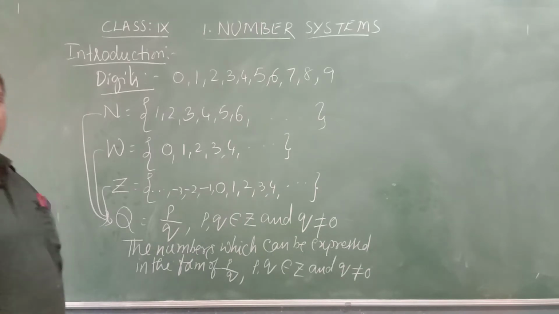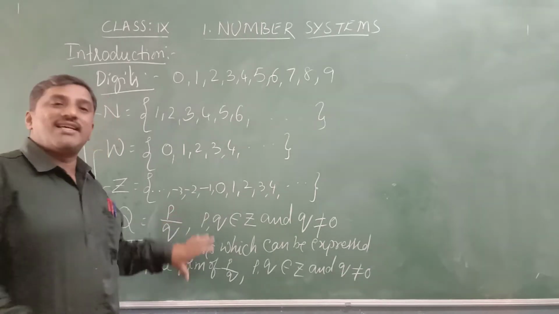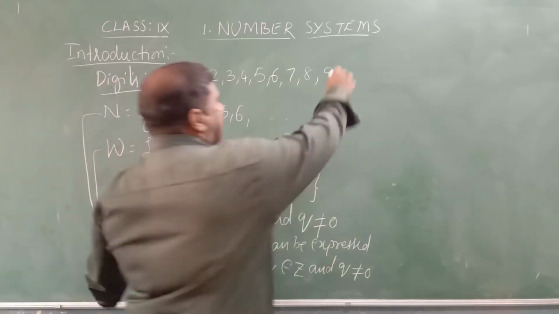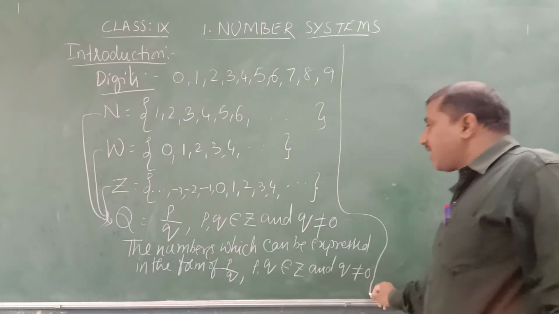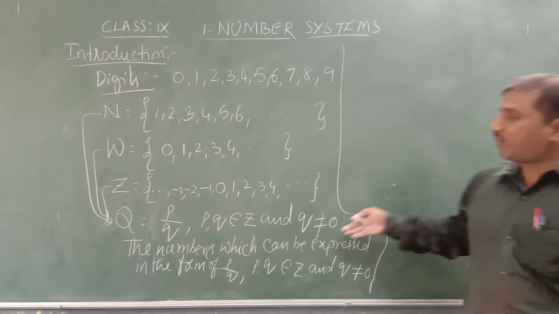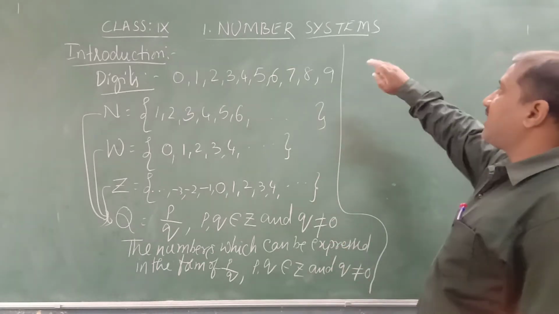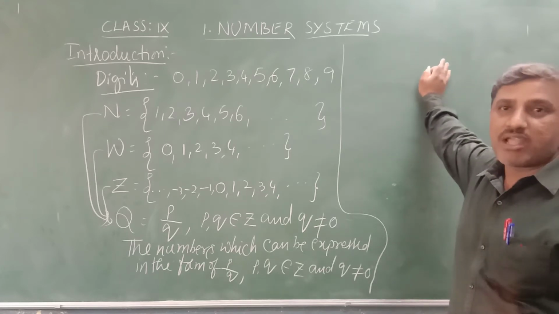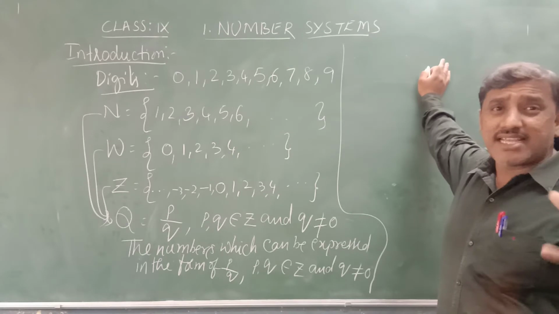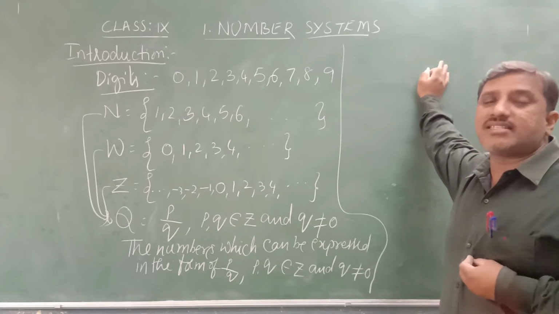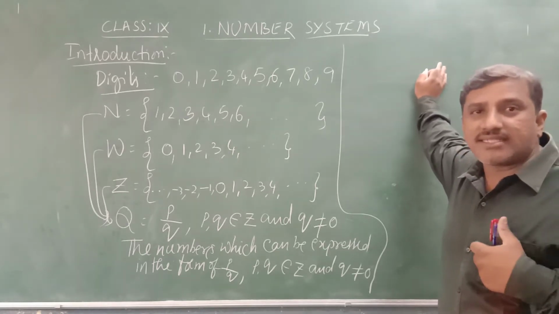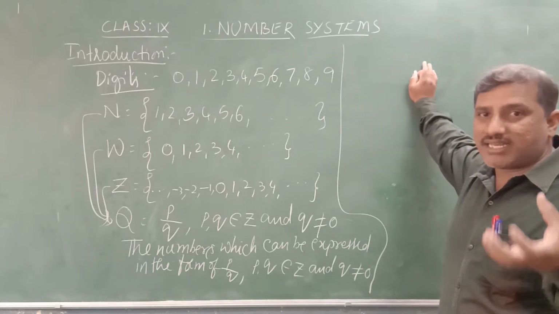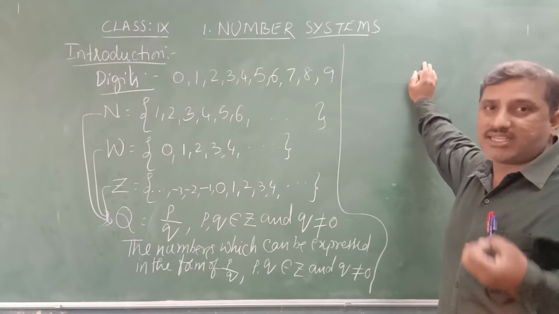If q equals 0, such numbers are not rational numbers. We have studied these concepts even in class 7th and 8th: rational numbers, representing rational numbers on the number line, and finding rational numbers between two given rational numbers. We studied this in class 8th. Now we are going to discuss how to find rational numbers between two given rational numbers.